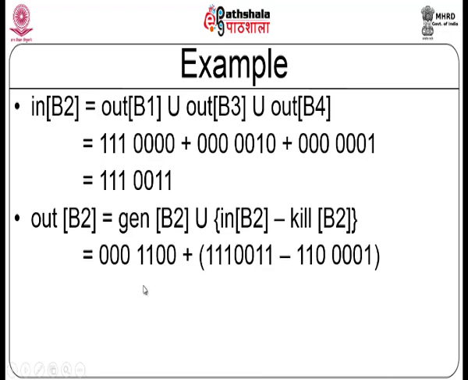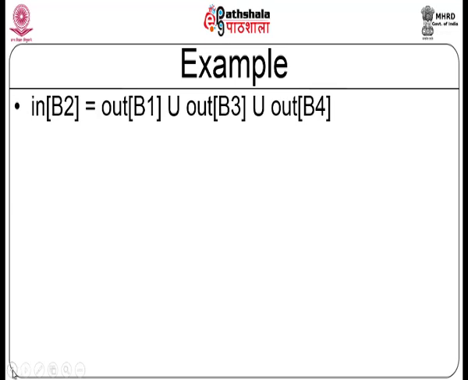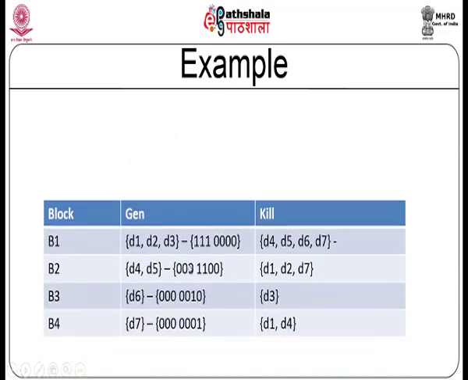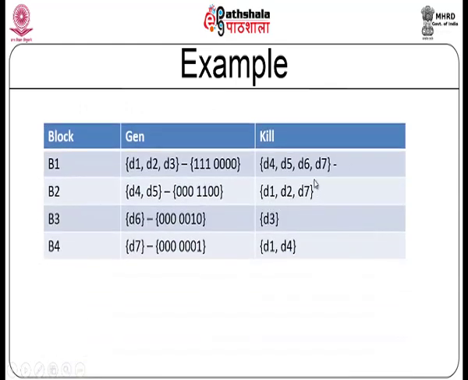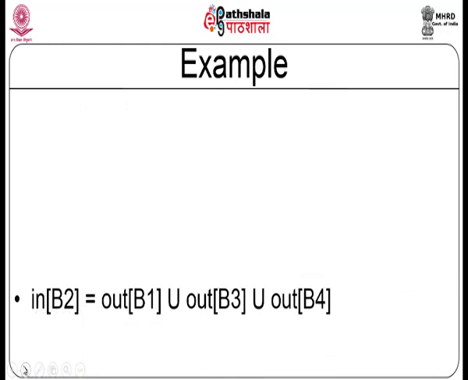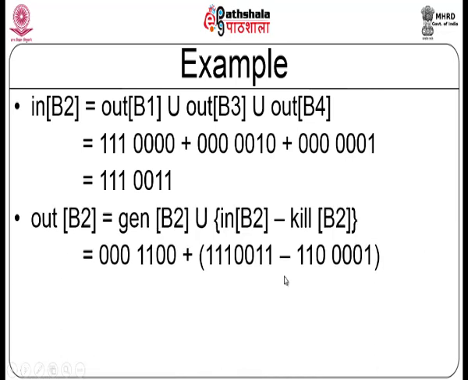Gen of B2: block B2 defines two statements D4 and D5, therefore, they are set to 1, and in of B2 is what we have just now computed. Kill of B2 is D1, D2 and D7, okay. So, therefore, D1, D2 and D7 is kill of B2.